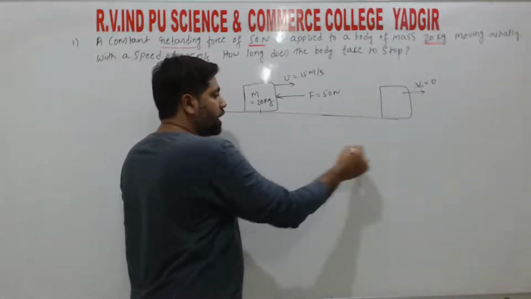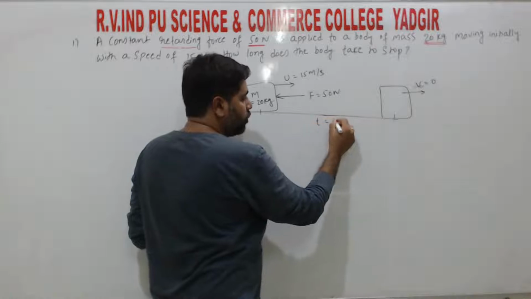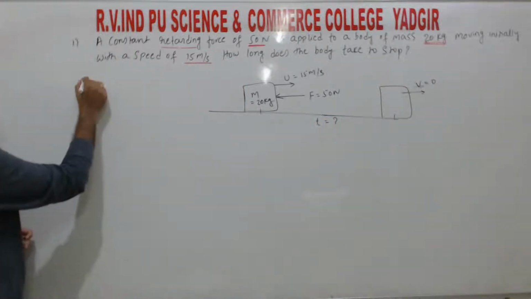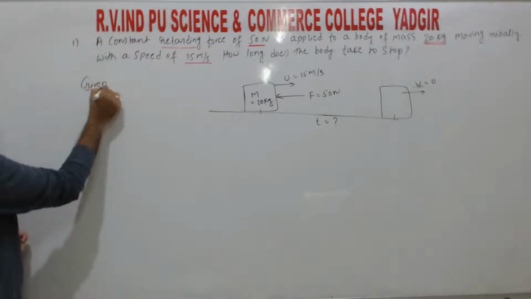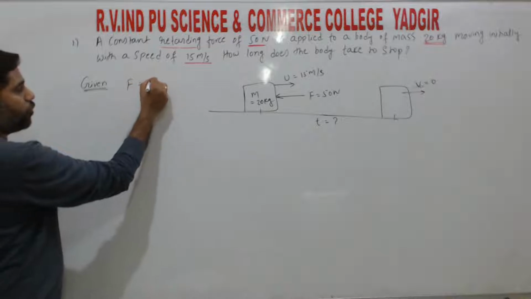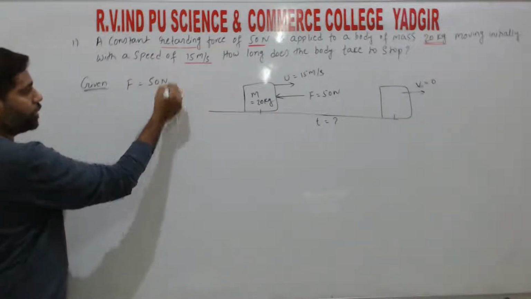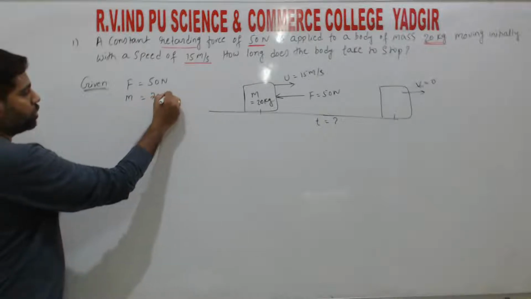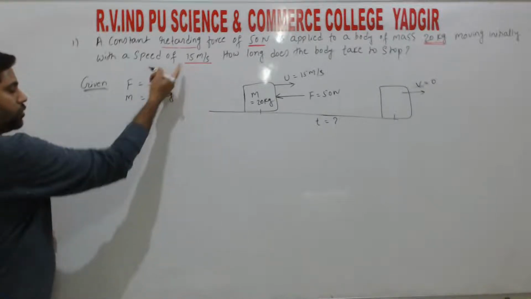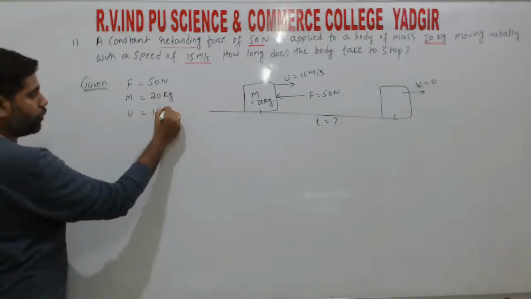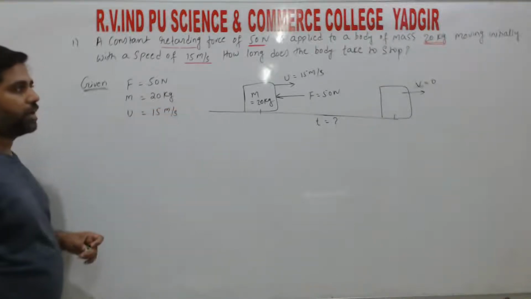So what's the time to stop? Here we need to find the time t, right? So first we need to write the given, right? So given, first they given that force F is equals to 50 Newton, and they mention mass m is equals to 20 kg. So mention the speed. Initially it is moving, u is equals to 15 meter per second, right?